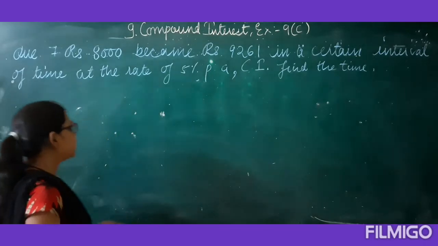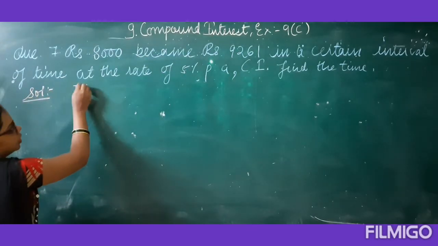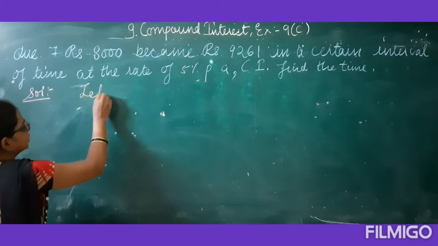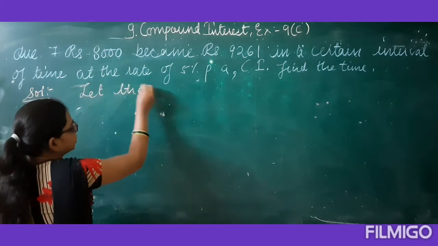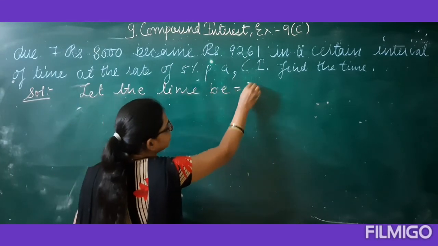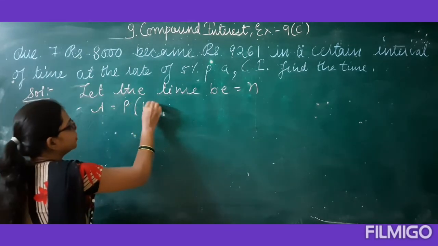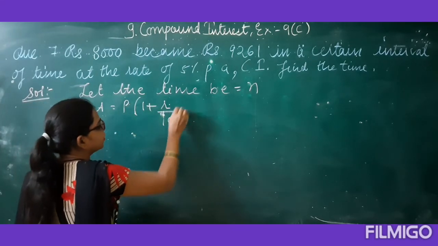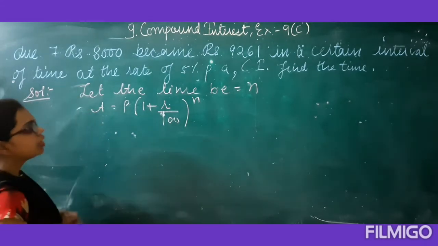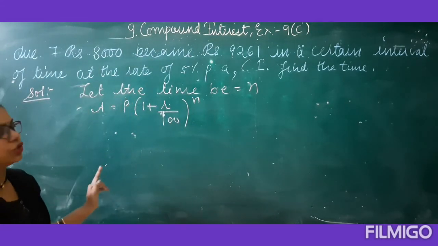So let the time be equal to n. And you know amount is equal to principal (1 plus R upon 100) to the power n. What is given to you? Amount is given and principal is given to you.